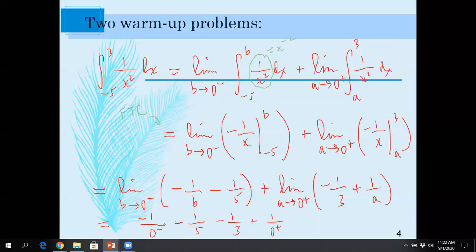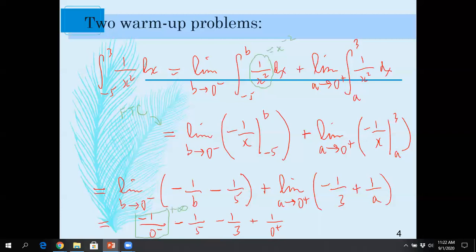-1 over 0 minus means -1 over a teensy negative number. Teensy negative number means something really, really close to 0, and negative. What's that going to be like? Yeah. This thing right here is going to be positive infinity. Do you know what I'm saying?